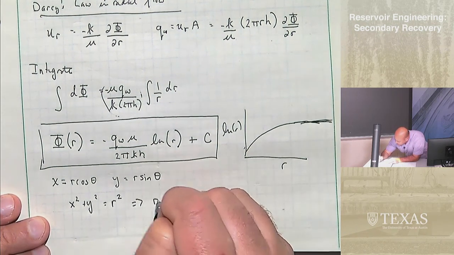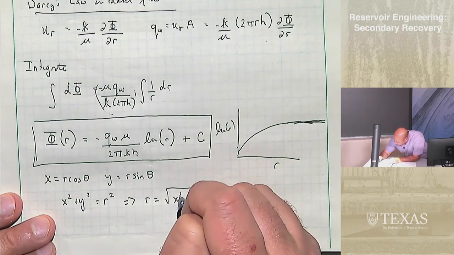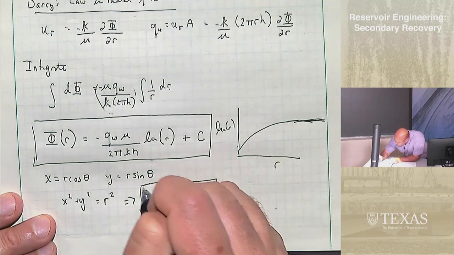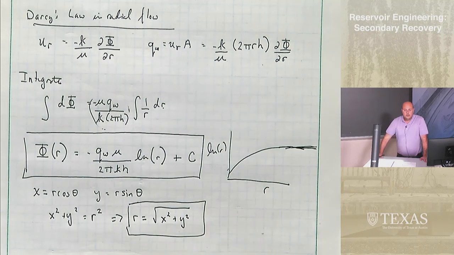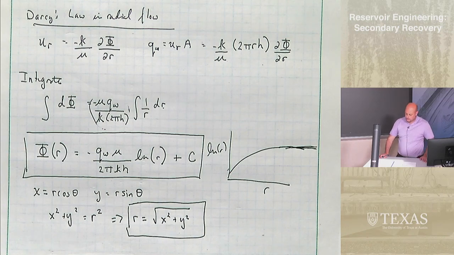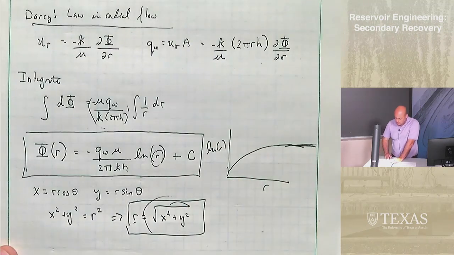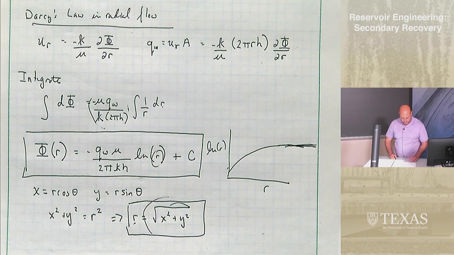What that means is that r is equal to the square root of x squared plus y squared. That's just basic trigonometry, right? And so what I can do with that is anywhere I see my r, which is like right here, I can replace it in terms of x and y. So then I can write my equation for potential in terms of x and y.